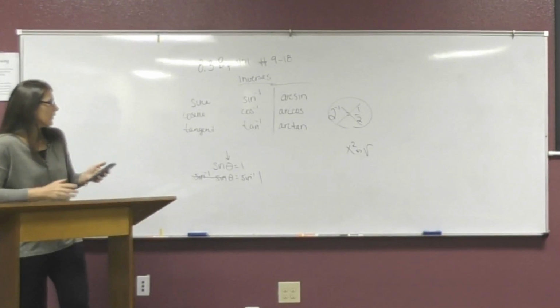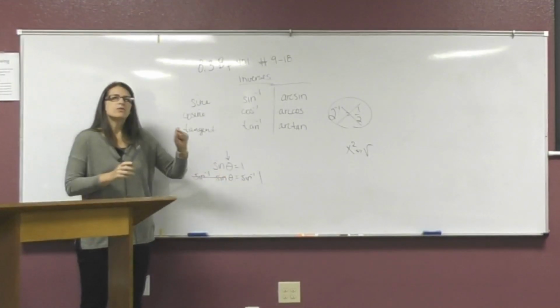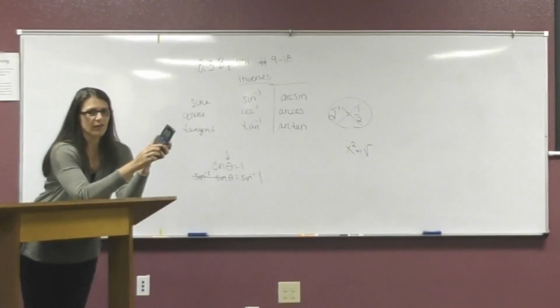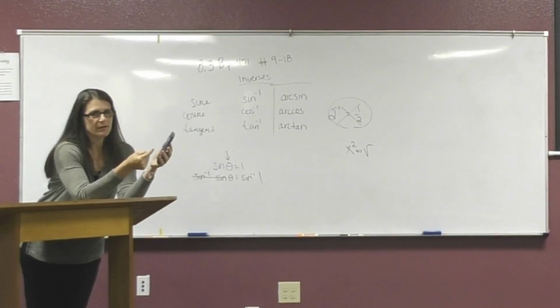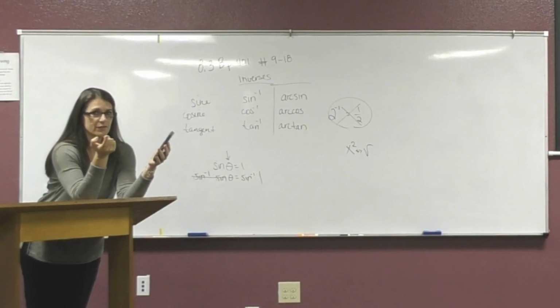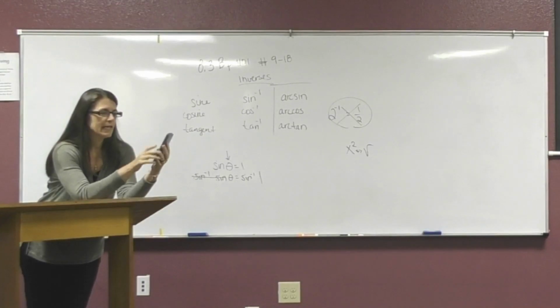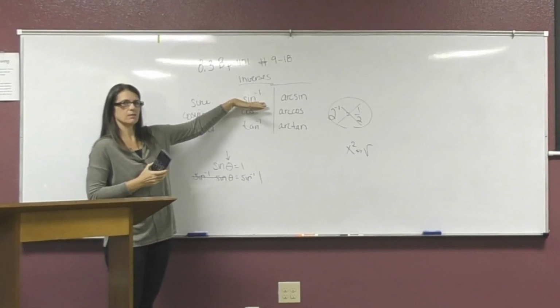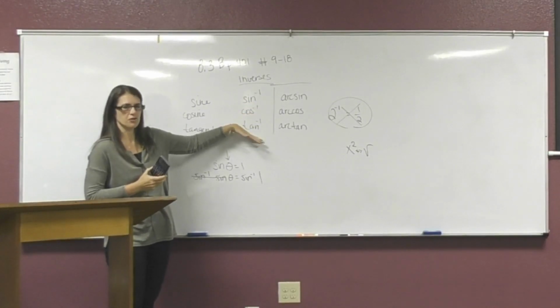Okay, so let's go ahead and finish this. On your calculator, you see where your sine, your cosine, and your tangent are. If you shift those buttons, you have your inverses. Right above sine, on my calculator, it's in yellow. This is my arc sine, my inverse of sine. And then you shift cosine and you shift tangent.